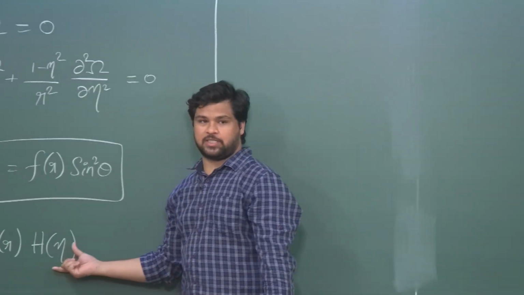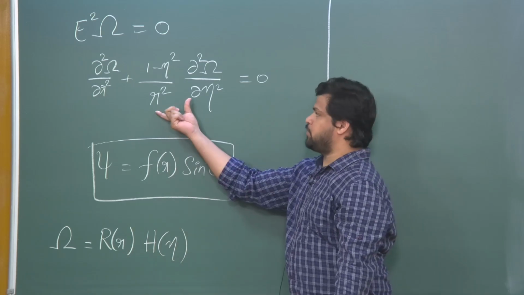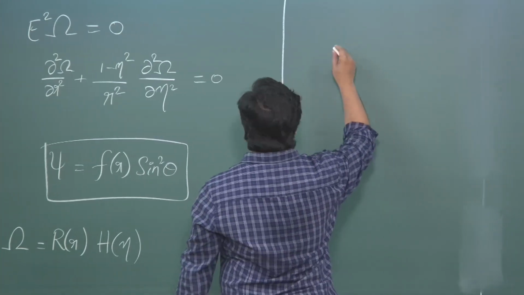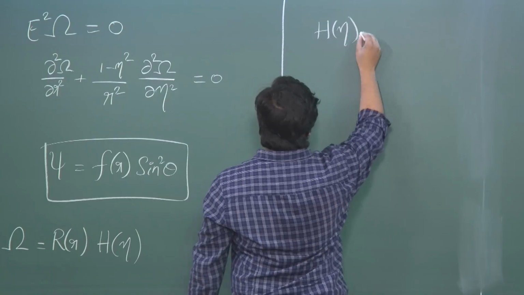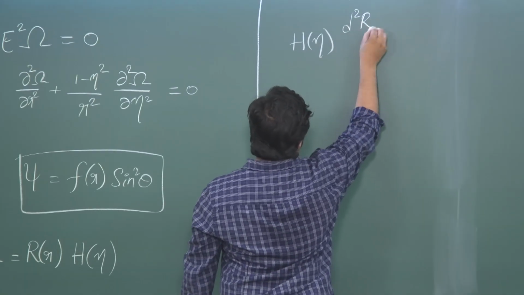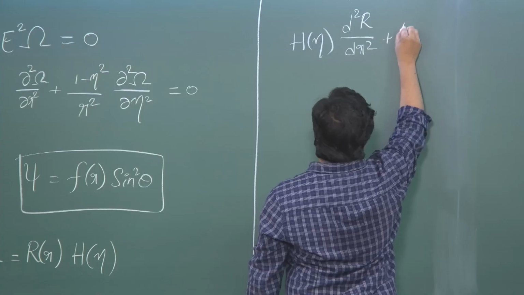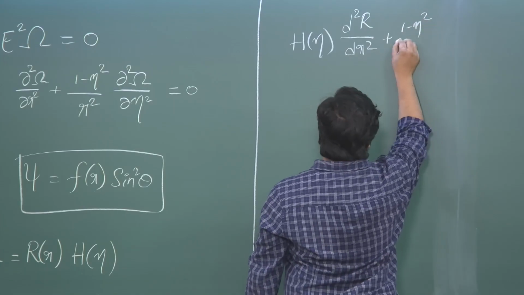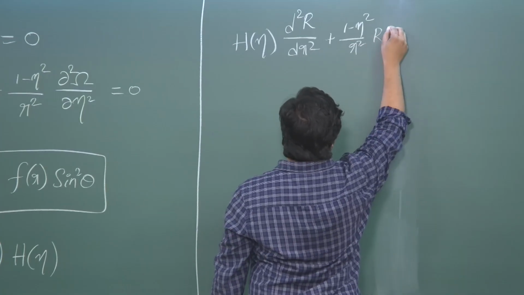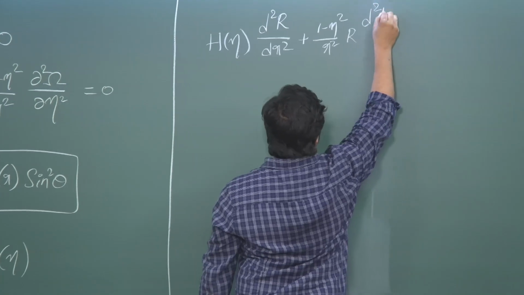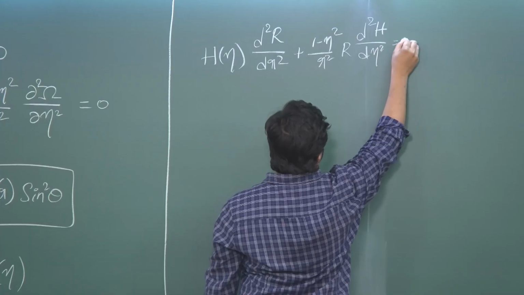This is only a function of r and this is only a function of eta. If you substitute in this expression, it becomes H of eta times d square R by dr square plus (1 minus eta square) by r square into R times d square H by d eta square, equal to 0.